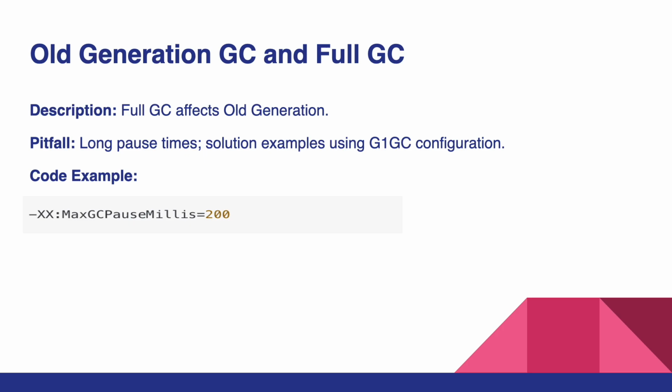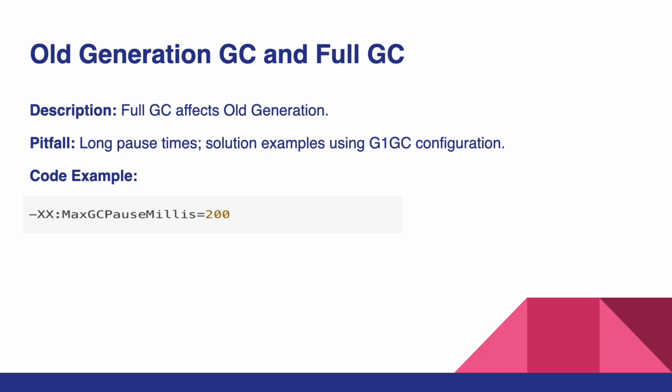In contrast to minor GC, full GC affects the old generation and is more resource intensive. When objects accumulate in the old generation, we experience longer pause times, which can degrade application performance. The G1 collector provides configuration options, like you can see in the slide as a code example.